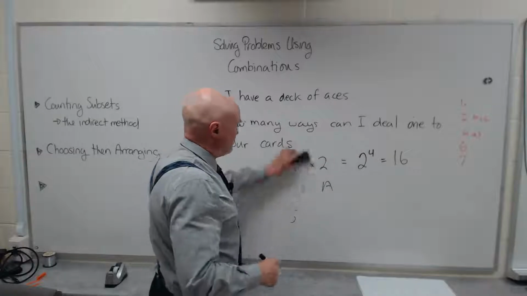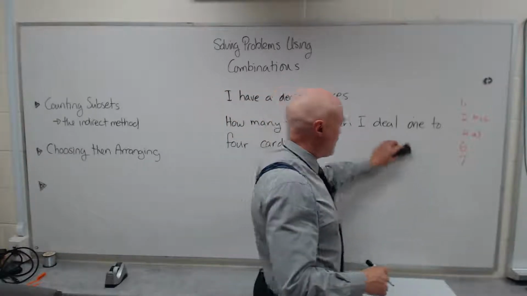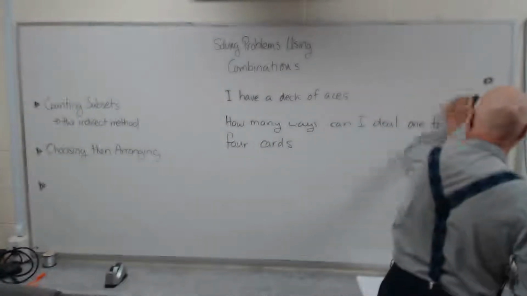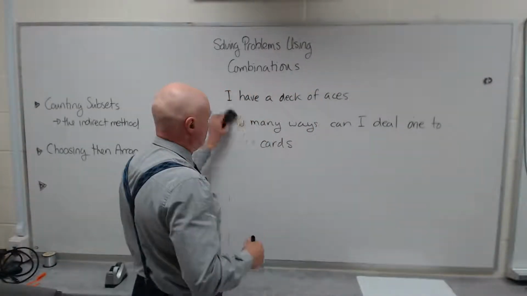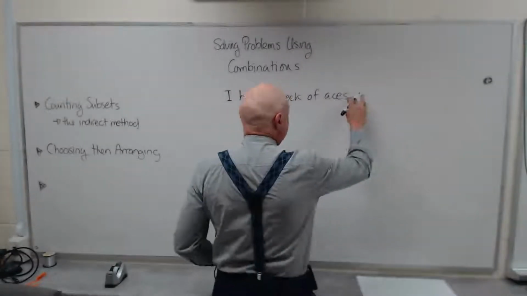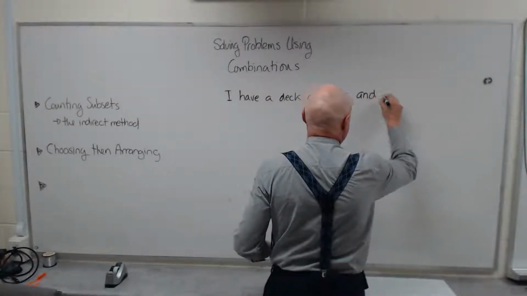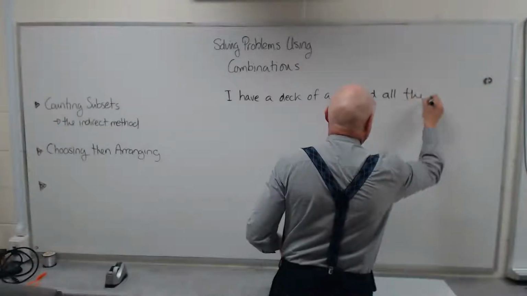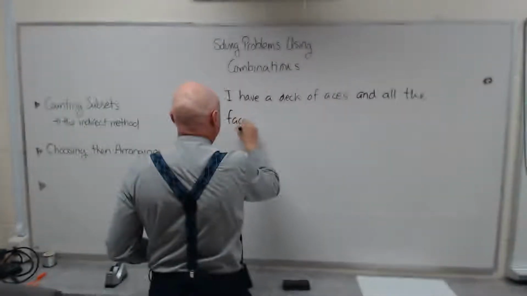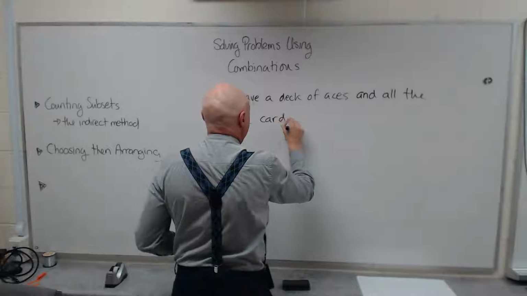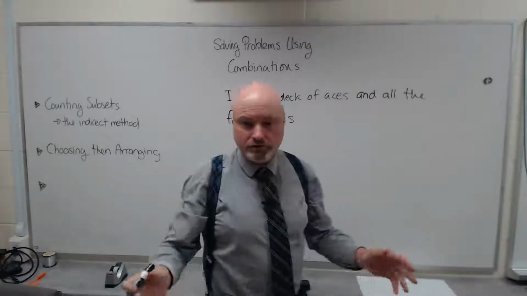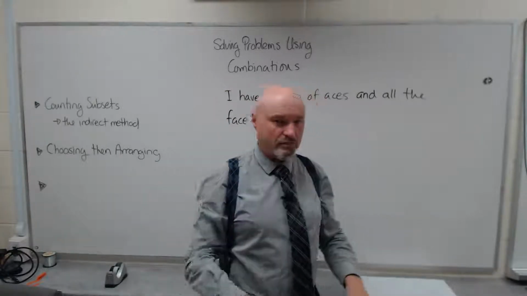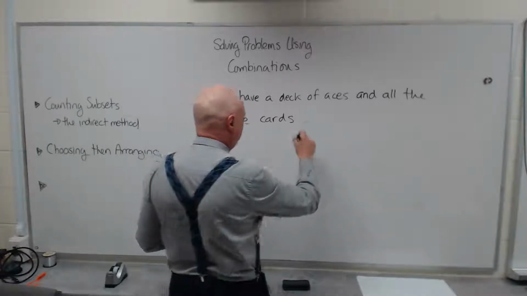Okay, we're going to go with our card example here. Just like we did before, have a deck of 4 aces and all the face cards. Okay, so it's that euchre thing, no ace, no face, no trump. Maybe we want to find out something about that.